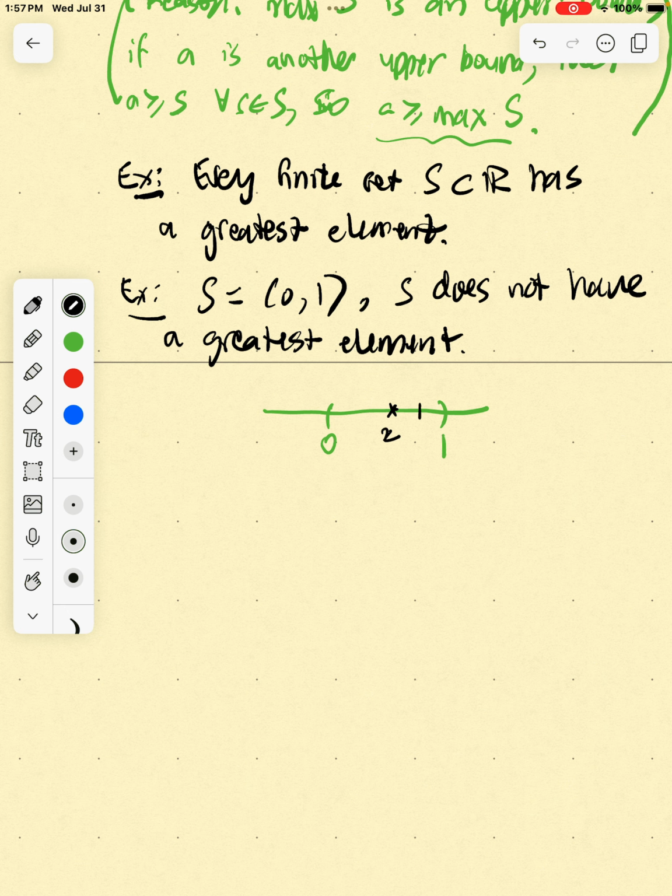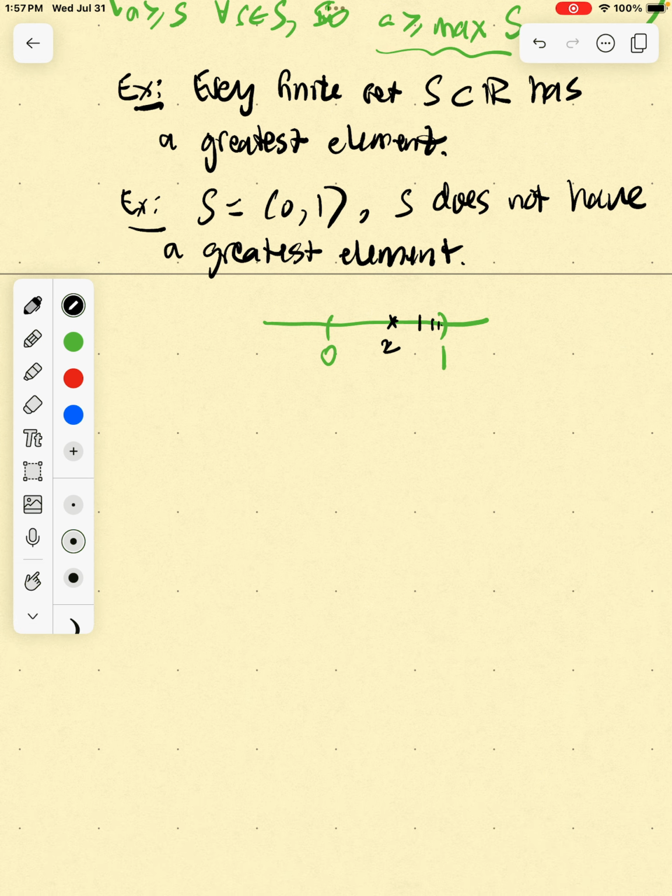And then you can always take a number that's halfway between that. So you can always take elements that are greater than the one before it that are still elements of S. And so that explains why S does not have a greatest element. So that's one argument. The other argument is just that the supremum is 1. If S did have a greatest element, it would be the supremum, but the supremum is 1, and that is not an element of S.